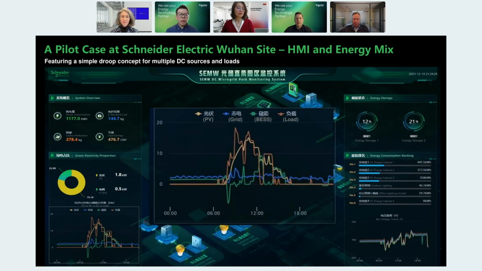Simply saying, if you refer to the yellow line on the main energy mix diagram, you would see that the energy is basically tuned close to the generation of the PV curves, meaning that such a droop control system is easily set to consume as much as possible of the PV energy locally on the DC side.